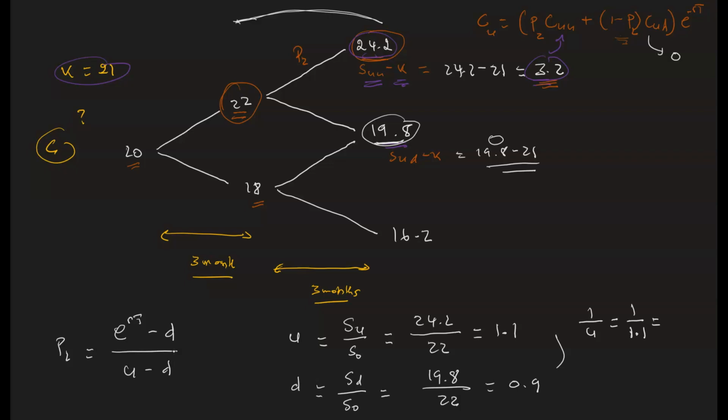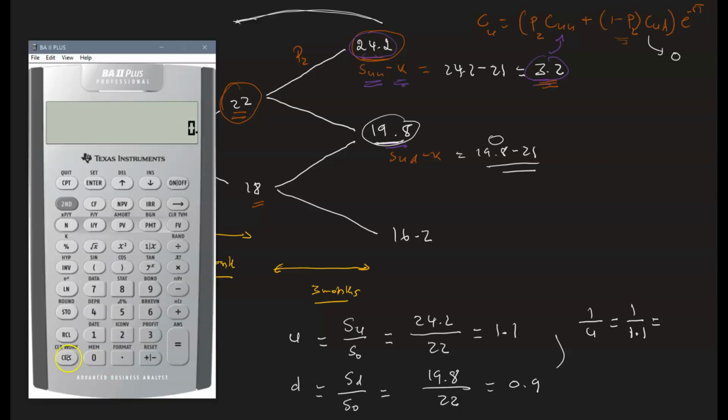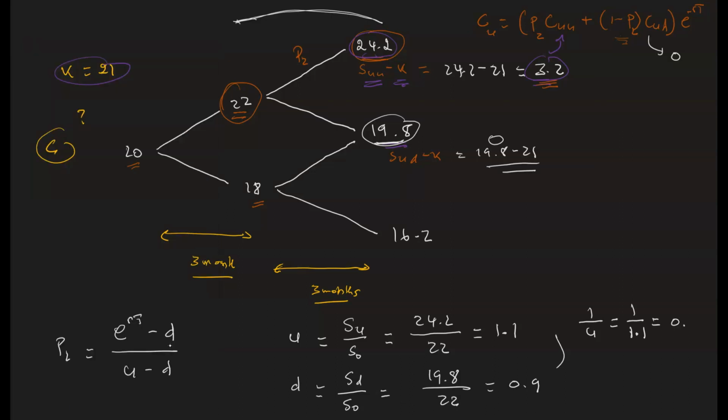That's 1 divided by 1.1, 0.9. So that should be equal to D. So we verify that expression that we had there. Remember, u is equal to 1 over d, and d is equal to 1 over u.